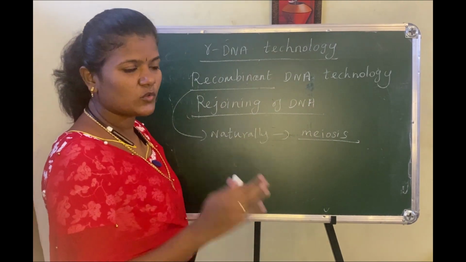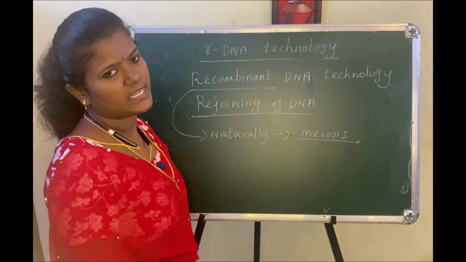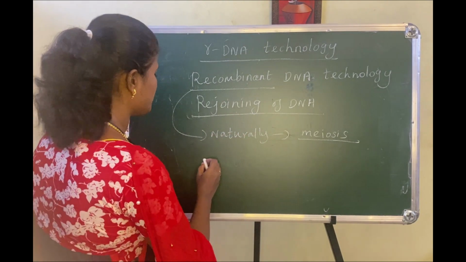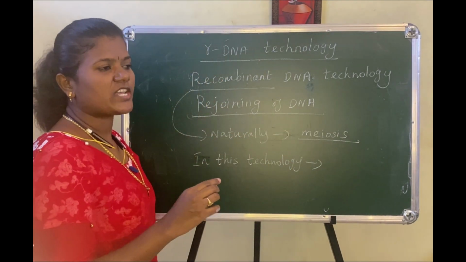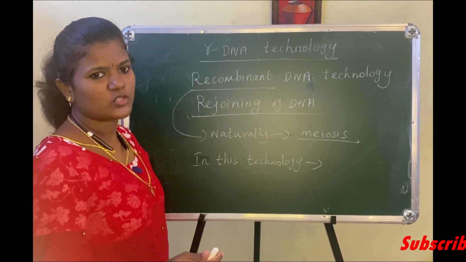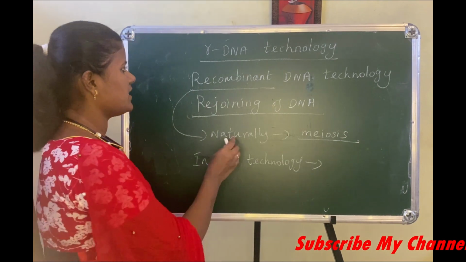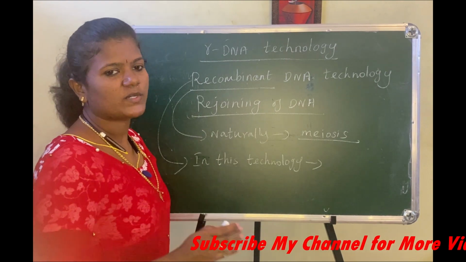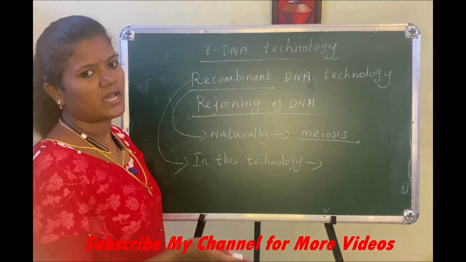But we can do the recombination process artificially by using some modern technology. In this technology, we can transfer the DNA from one organism to another organism. Can you understand? Is this clear?